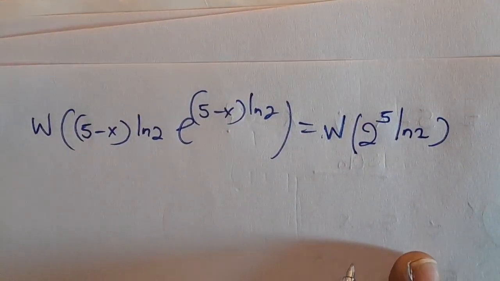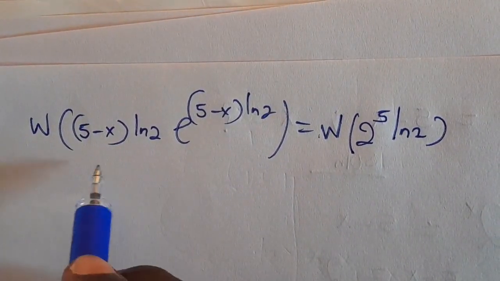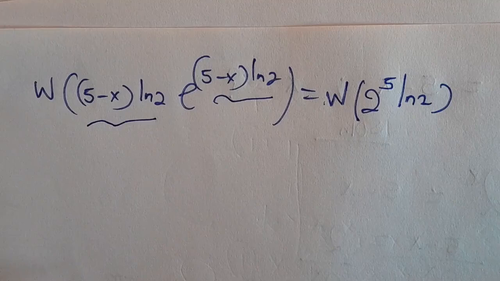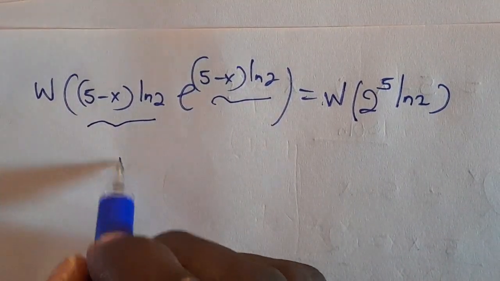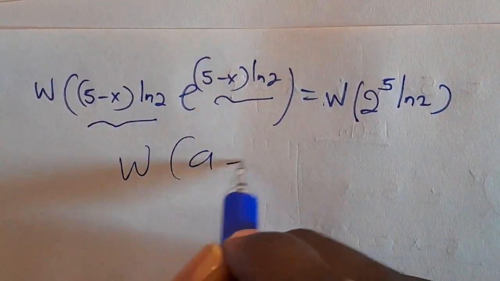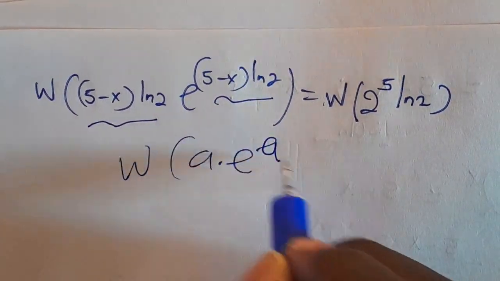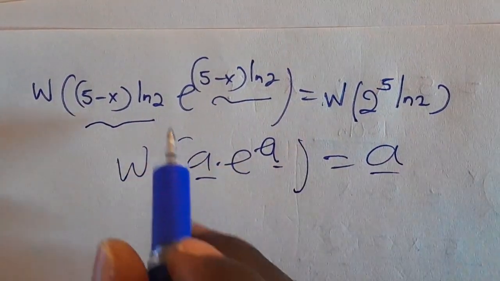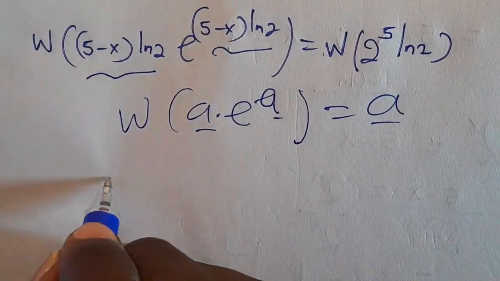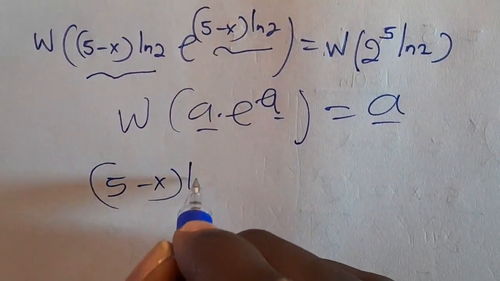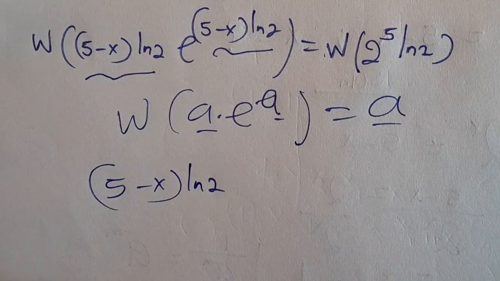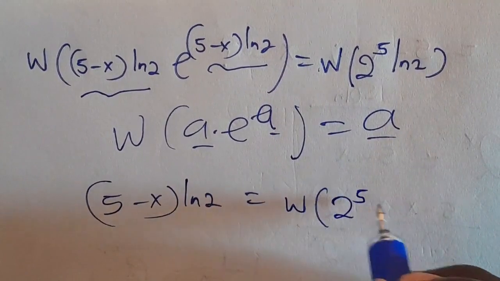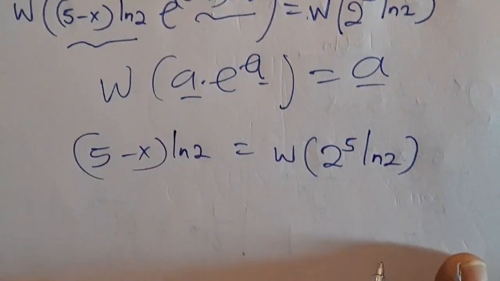Now we look at the left hand side, the base and the power are the same. And the Lambert W function of a multiplied by e to the power of a always gives us back our a. So by applying this theorem here, we have 5 minus x ln2 equals the Lambert W function of 2 to the power of 5 ln2.